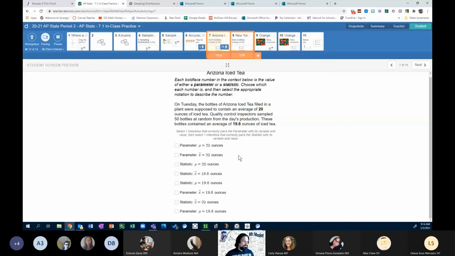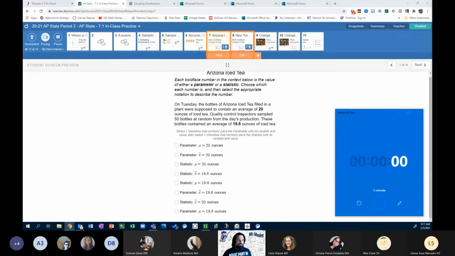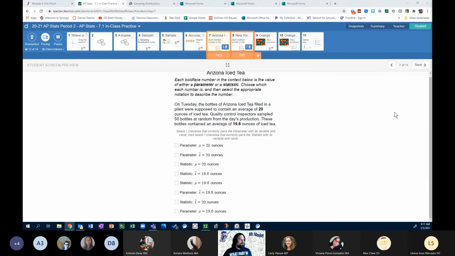That is the goal. So you should have one check mark next to a parameter and one check mark next to a statistic, total of 2 check marks per question for each of these next 2 problems. All right, and I realize that may not have been enough time for everyone to finish both the problems, but that is okay. We're gonna talk about these real quick.